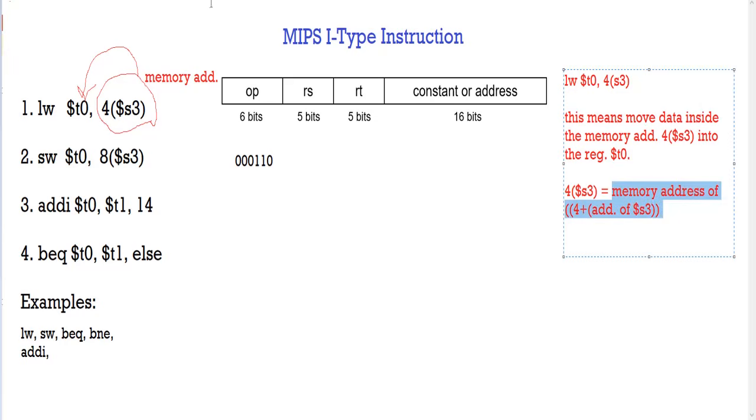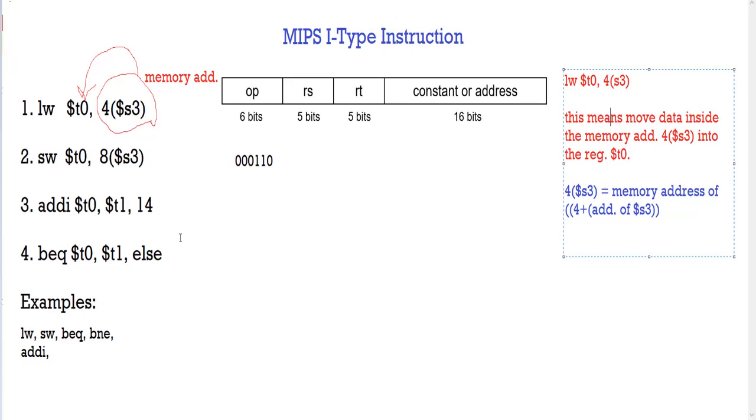So this is what the 4 and then the bracket S3 means. It's a memory address. And how do you calculate the address? 4 plus S3. Alright, so that's out of the way, and I'm glad it's out of the way. Once you've understood this, the rest of the process will become a lot clearer.